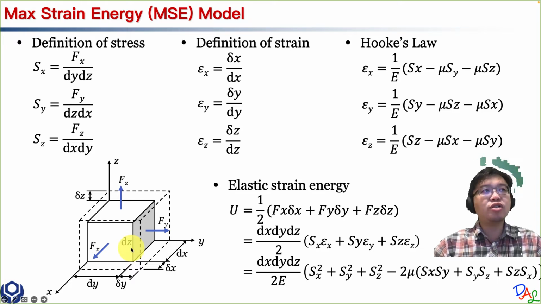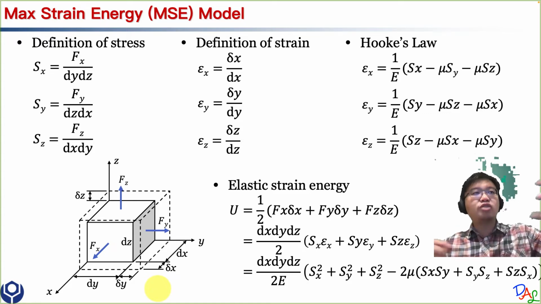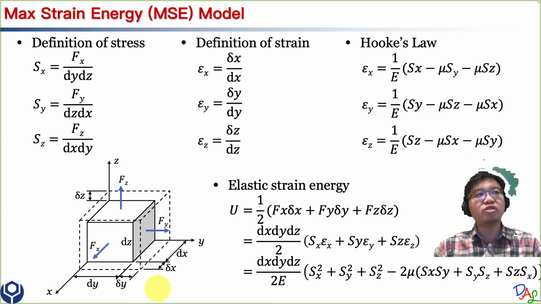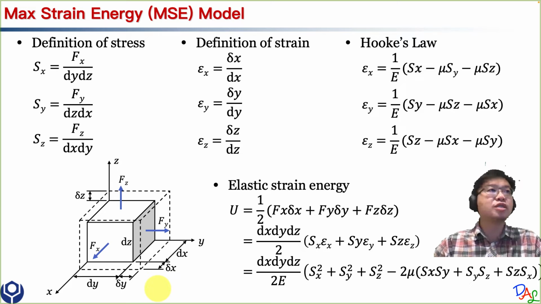It's under loads on 3 different directions, x, y, and z. Okay, and after we stretch the material along 3 different directions, the material expand a little bit in each direction. So for x direction, the width right here is dx.